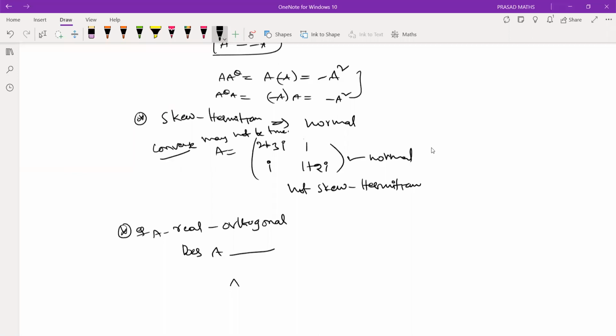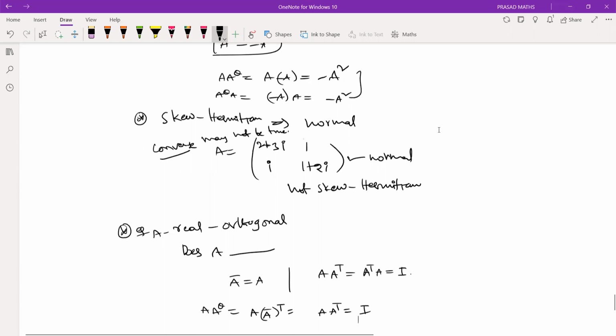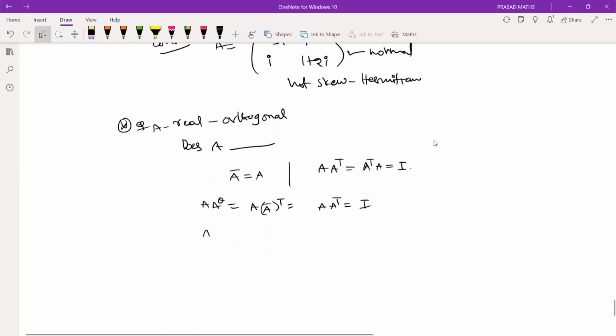Real means A bar is equal to A. Orthogonal means A into A transpose equals I. Compute A into A theta, which is nothing but I itself. Similarly, A theta into A is A transpose into A, which is nothing but I itself. So both are the same. So yes, it is normal.